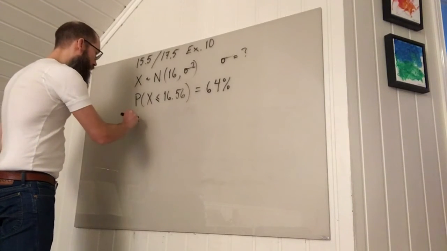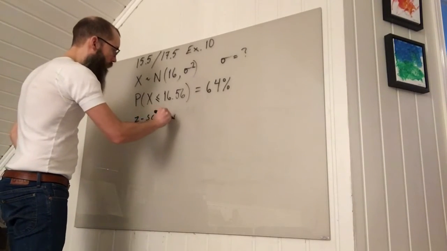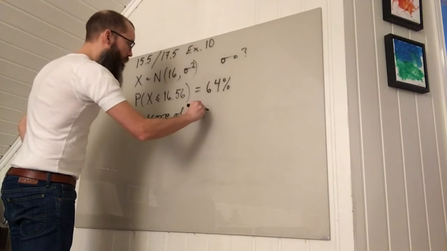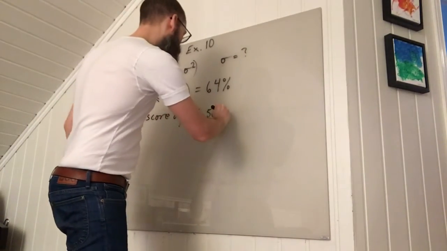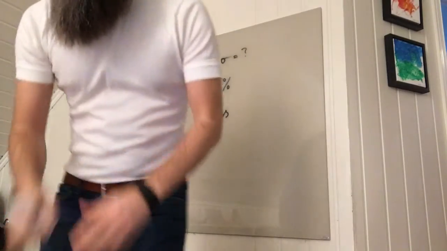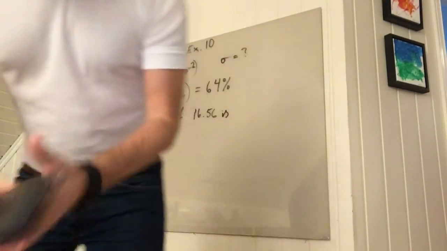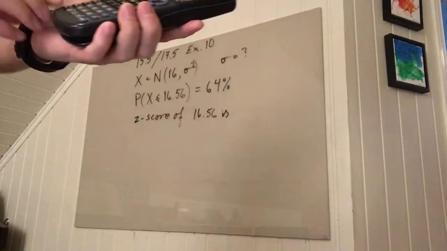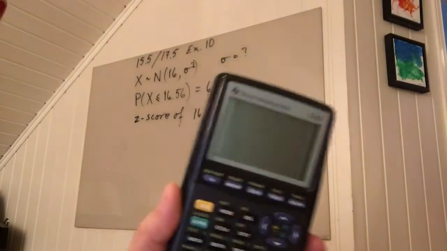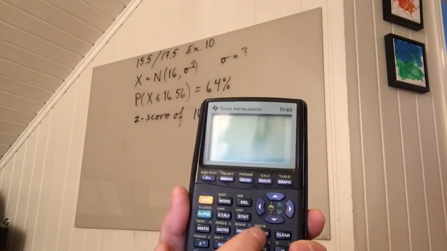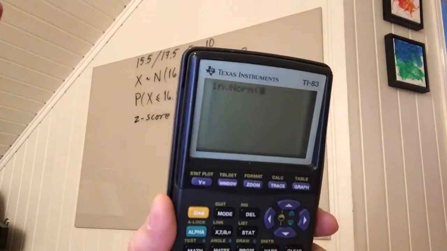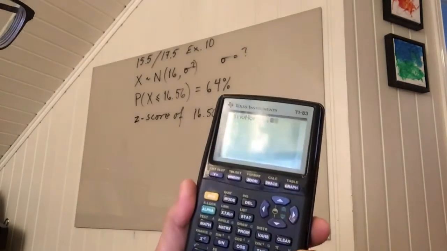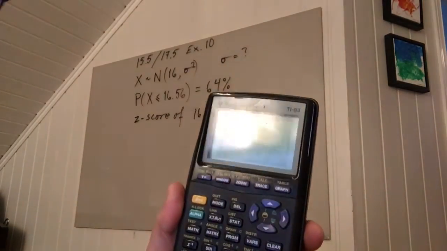So let's compute the z-score of 16.56. So we go here, distribution, inverse normal, and 0.64, which is 64%.